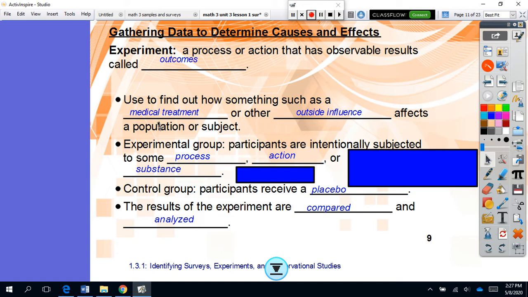We use an experiment to find out, like, if there's a new pharmaceutical drug coming out on the market. Like right now, they're trying to study ways to treat the COVID-19, SARS-CoV-2 virus, with vaccines or some other type of treatment. So there's people who are getting those treatments, and some people are not.